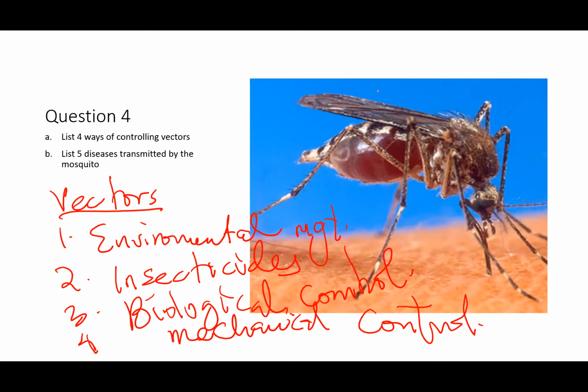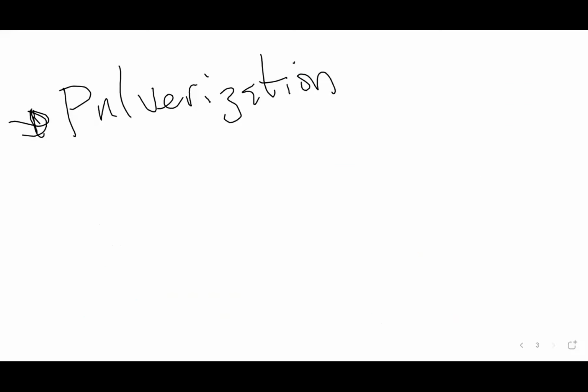Of course, number one, malaria. That is the common one. Malaria is transmitted by which type of mosquito? Anopheles mosquito. Yellow fever.